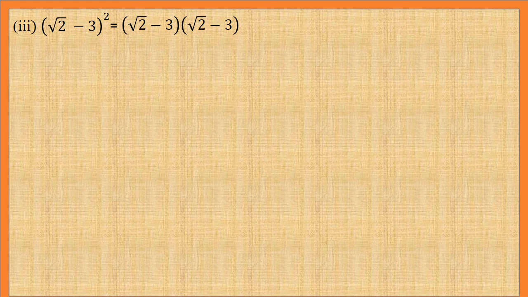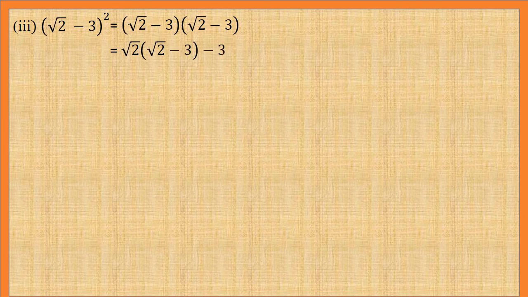And just as we applied in the second example, we are going to pick each term in the first bracket multiplied by the second bracket. So pick root 2 multiplied by the second bracket. After that, we'll pick negative 3 multiplied by the second bracket.